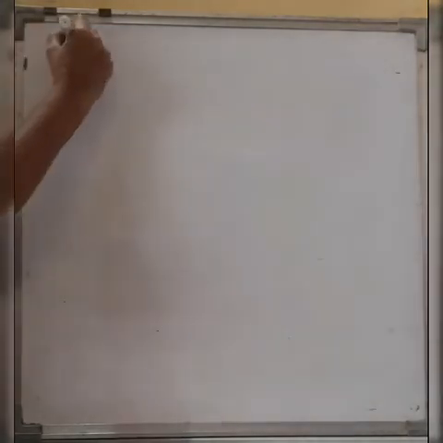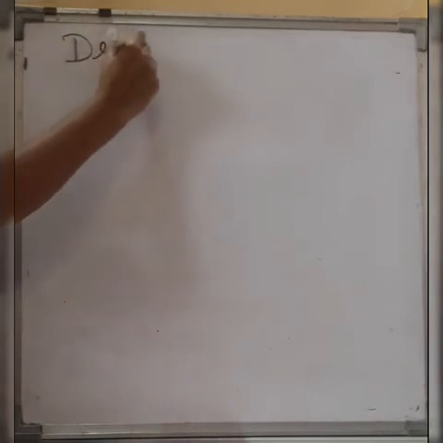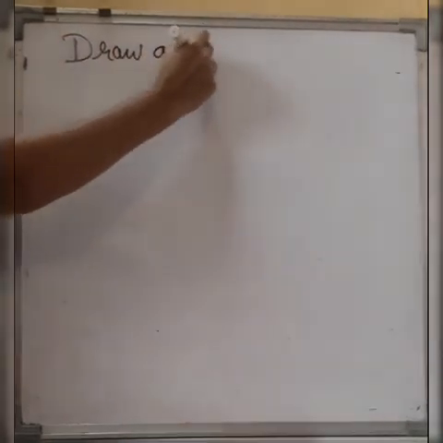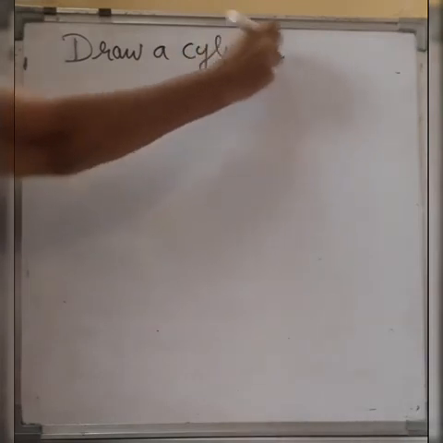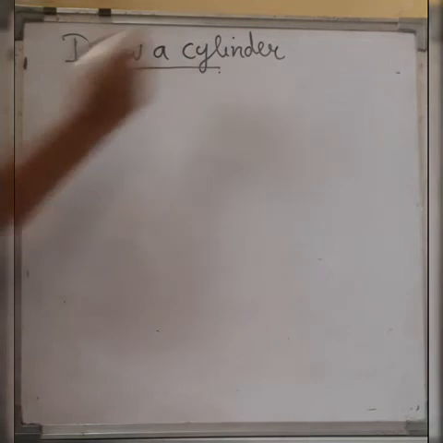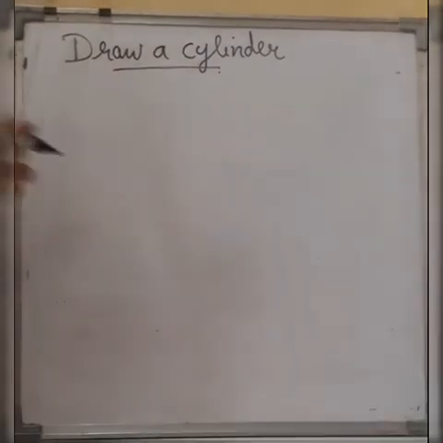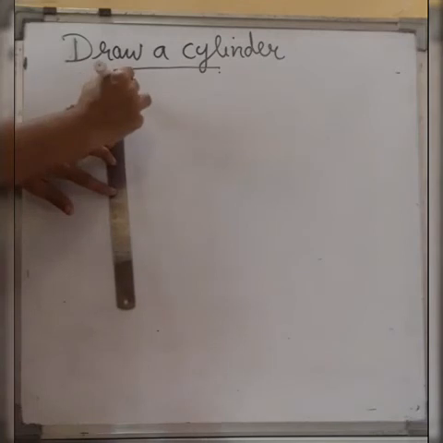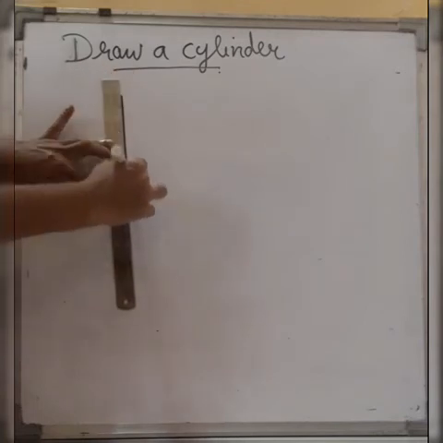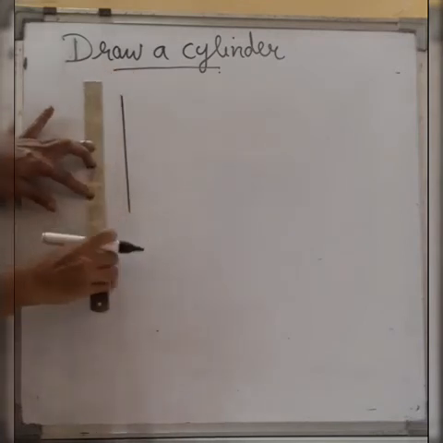Now we are going to draw a cylinder. Draw two straight lines. Both the lines must be parallel.